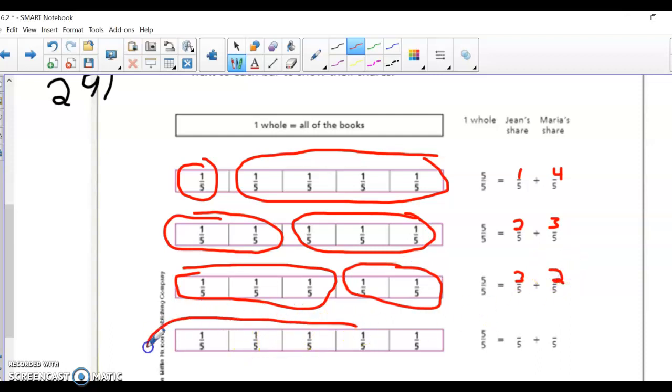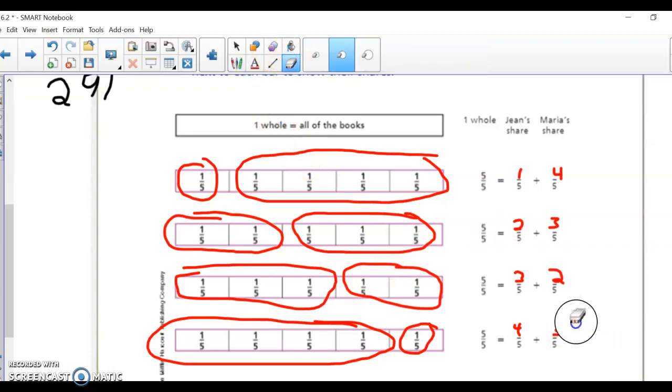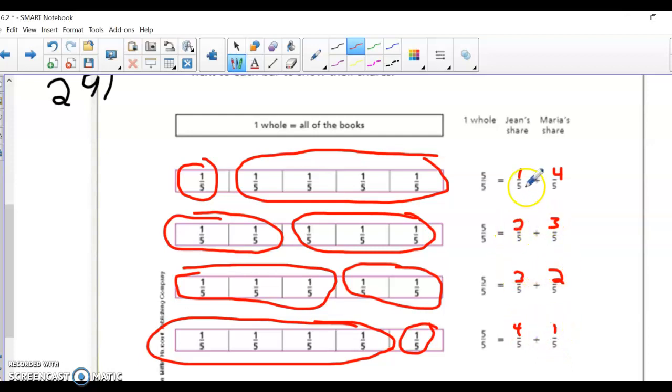And then, very similar to what we did first, except now we're going to take 4/5 to start with and just add 1/5 on it. And notice that these top numbers are always adding up to 5. 4 plus 1, 3 plus 2, 2 plus 3, 1 plus 4 will get you to 5.